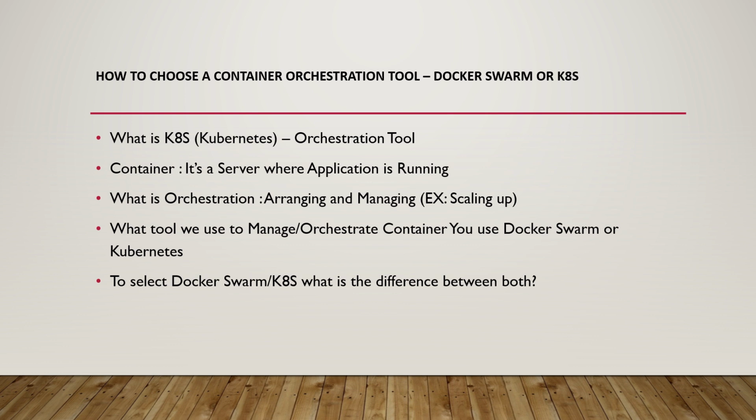The application has to be restarted again. So managing these containers is a hectic task. For that we have orchestration tools, and one of the latest and most powerful tools to orchestrate your containers, that means the applications running inside a container, is Kubernetes.